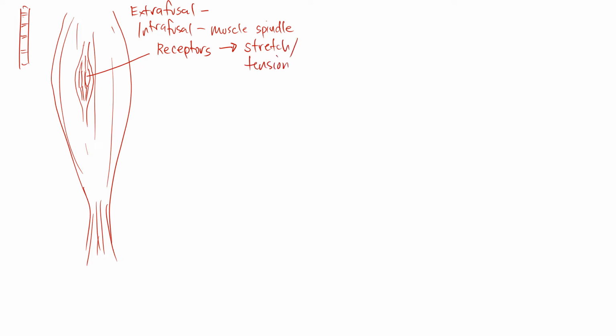Once you stretch the muscle, these intrafusal fibers, these muscle spindles, are activated. So, basically, when we say receptors, we're talking about this. So, this is your receptor. Now, being receptors, impulses from your receptors travel through a sensory nerve fiber. So this is your afferent limb.